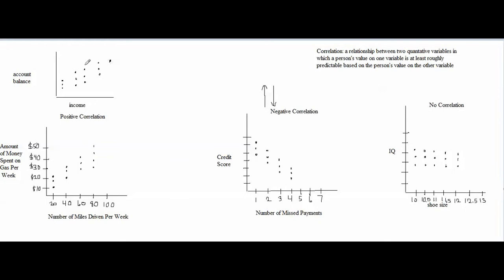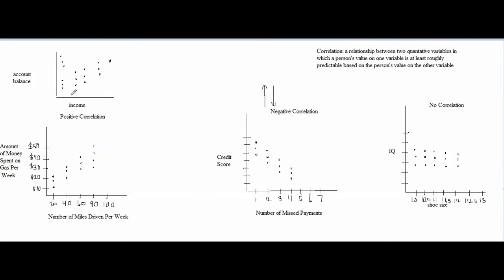For example, we might have a lot of people who don't make very much money, but they have a lot of money saved because they're very good at saving money. So we could have some people up here in this corner area.